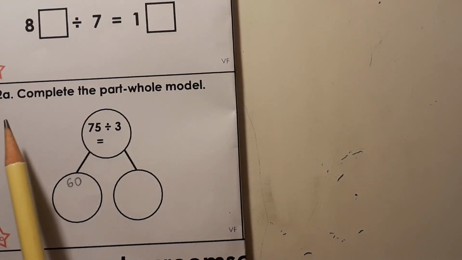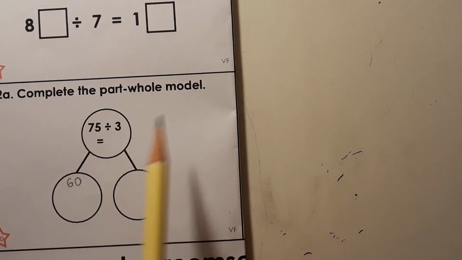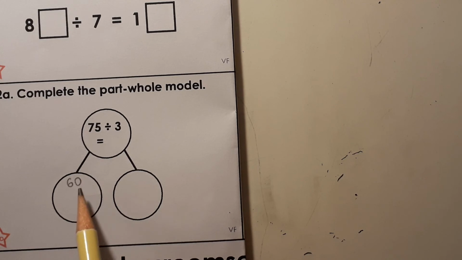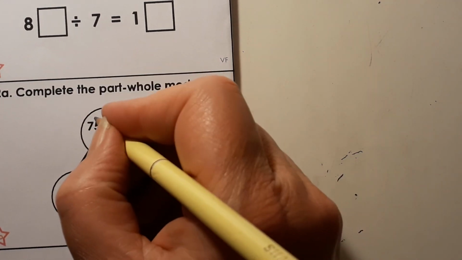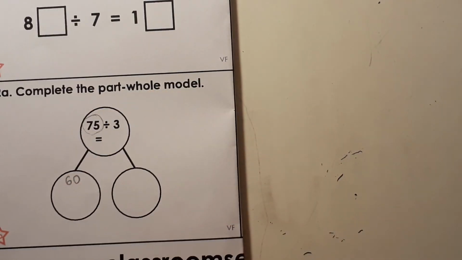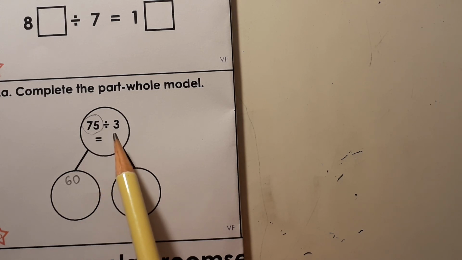And for the last one it says complete the part-whole model, and we know with a part-whole model that the parts must add up to the whole, and the whole is 75. What they want you to think about is how you could break 75 into parts to make the division easier.